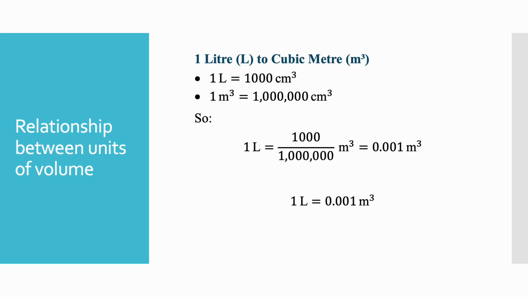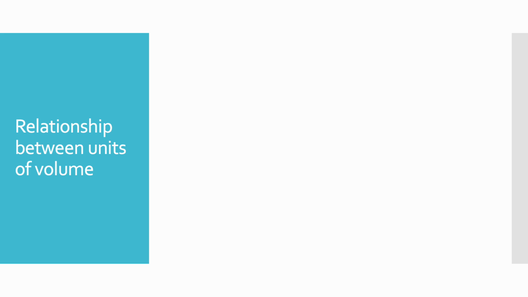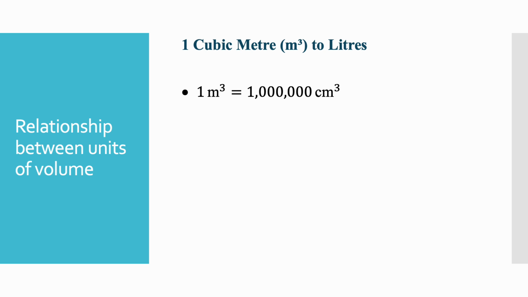Now let's reverse the conversion, from cubic meters to liters. 1 meter cube is 10 raised to 6 centimeter cube. You can see 6 zeros here. And 1 liter is 1000 centimeter cube.